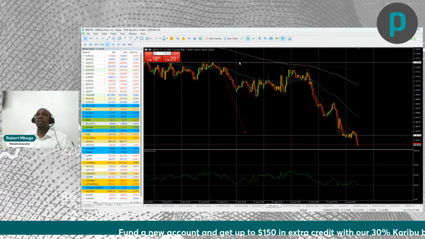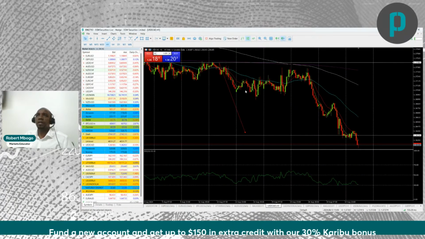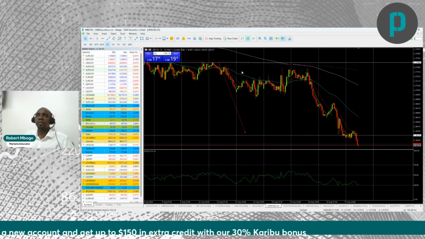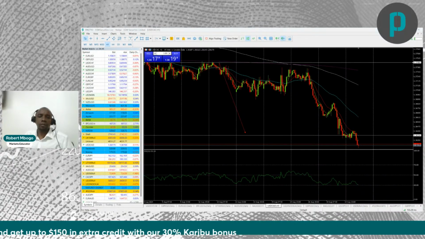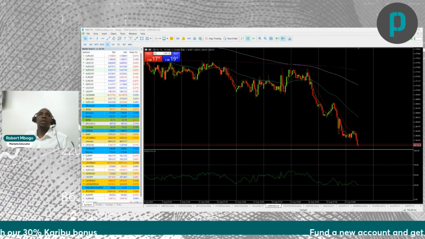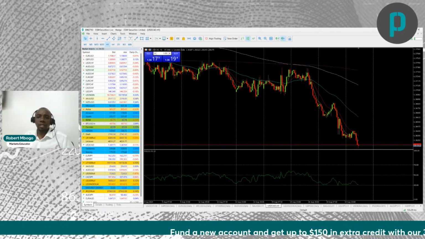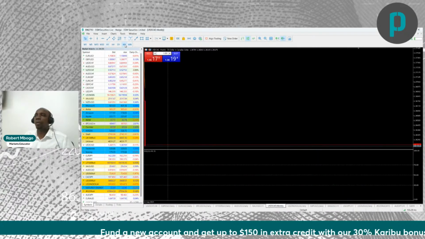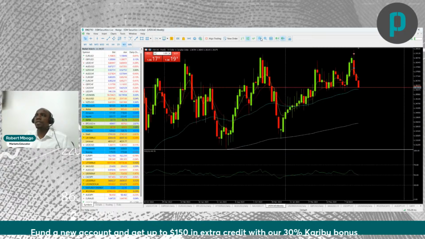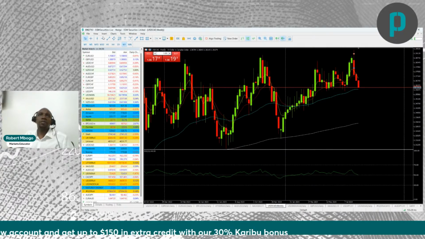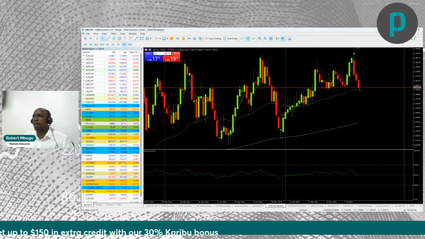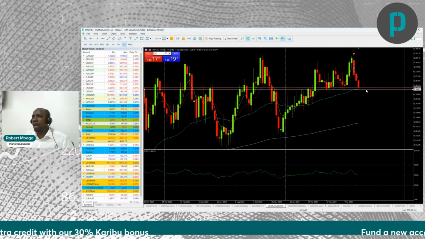So let's remove everything now that this is done. I've just looked at something on the weekly, and I've seen there's a moving average, the 50 EMA, which could act as an area of support.